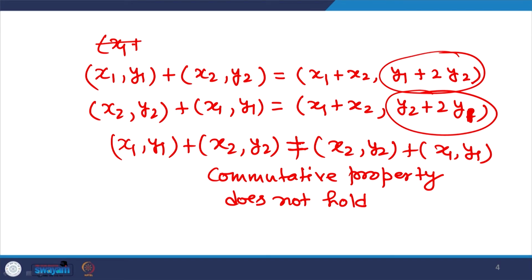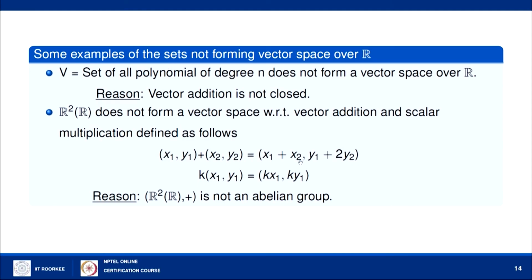Hence, if you define your vector addition in this way, R2 over the field of real numbers does not form a vector space.